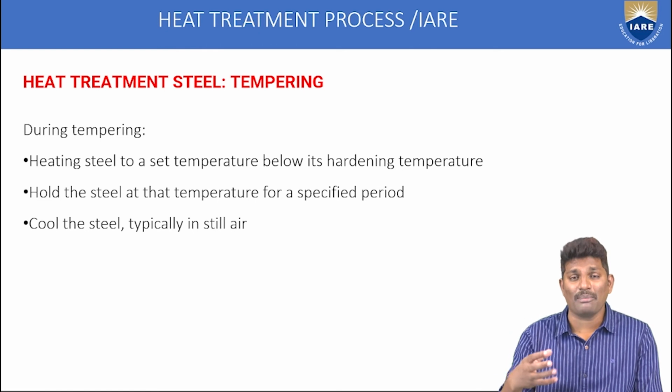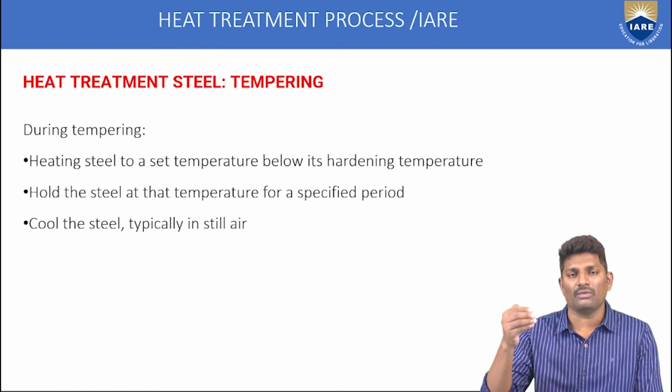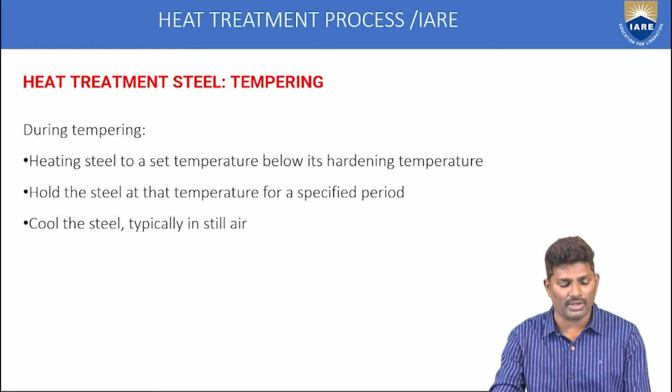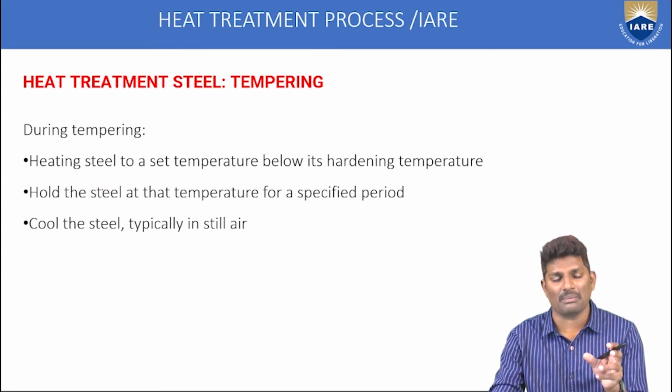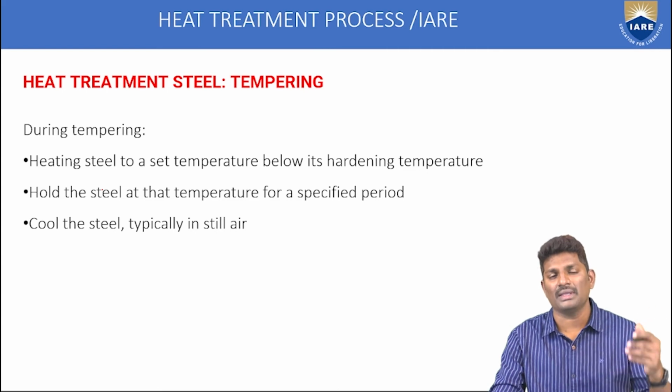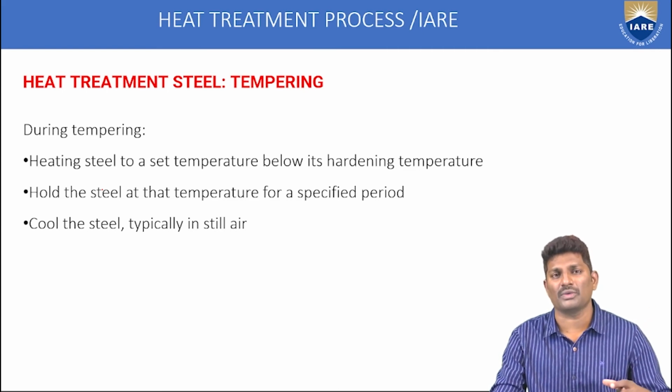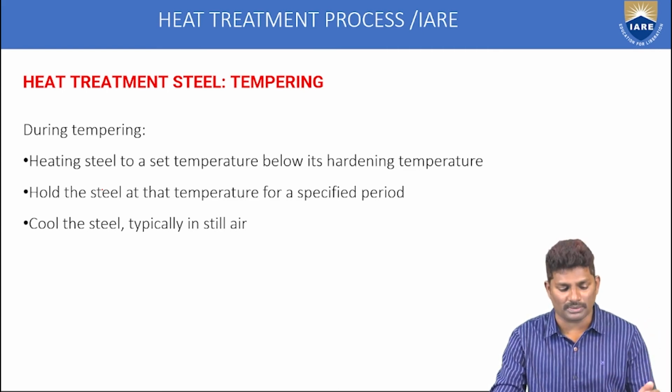So depending upon the type of material, the temperature of hardening varies. First of all, we have to set up a temperature below its hardening value. Then you can achieve the tempering process, and you can relieve the stresses from the body.